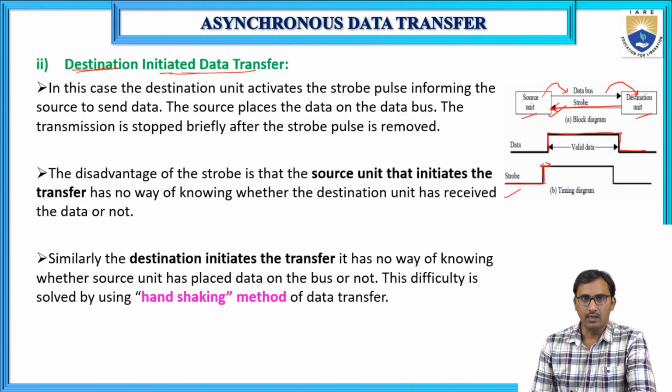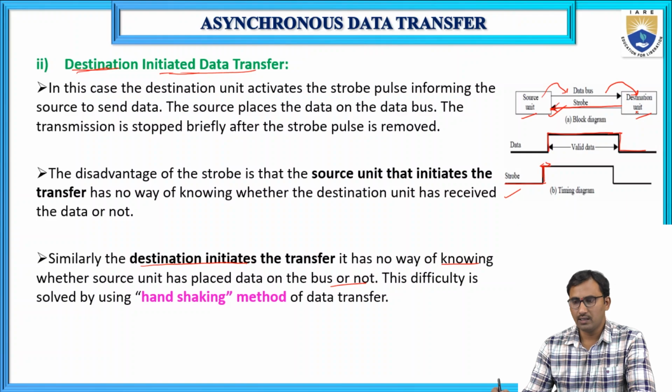But here in this strobe pulse, we have a drawback, because when the destination initiates the transfer, it has no way of knowing whether the source unit has placed the data on the bus or not.